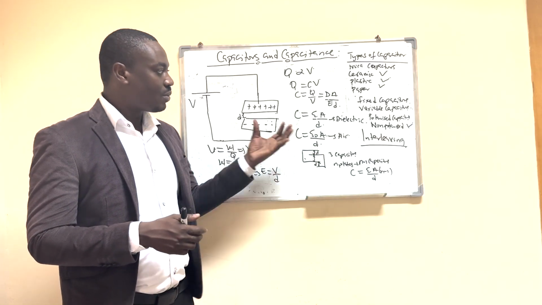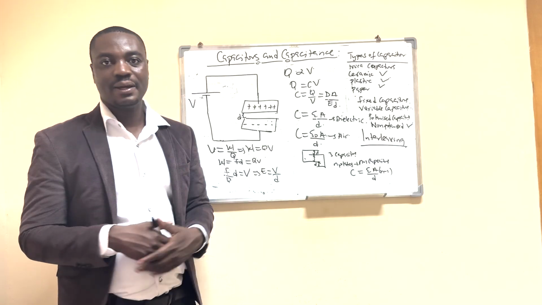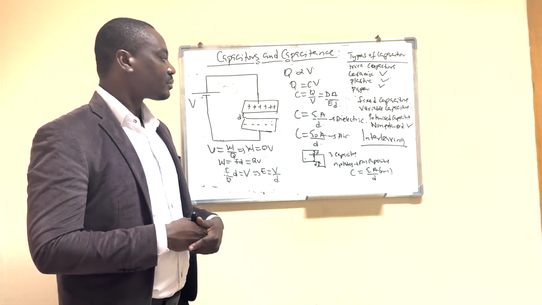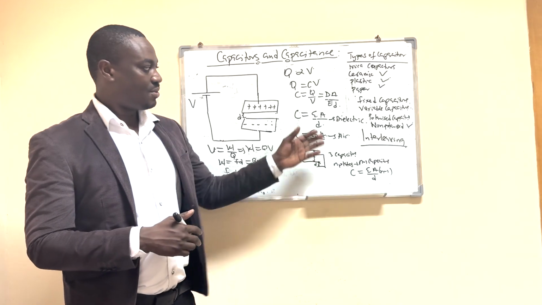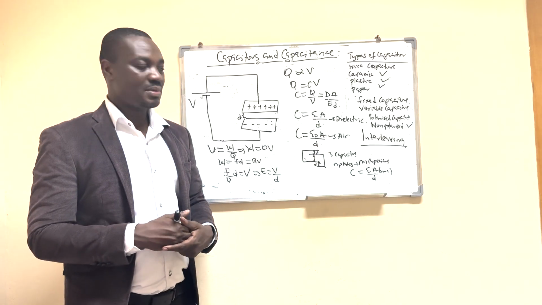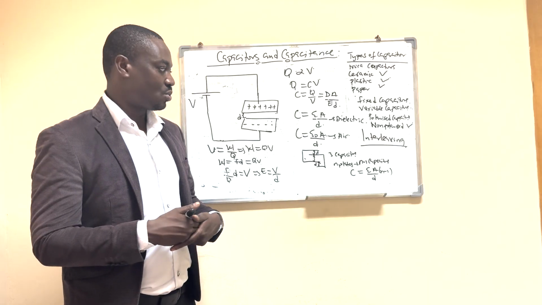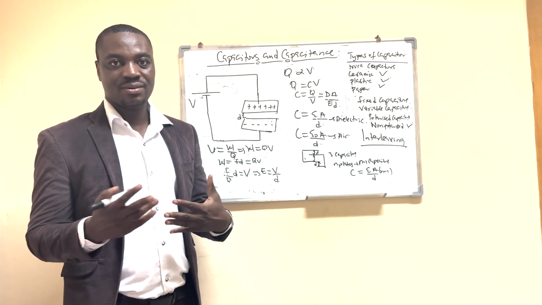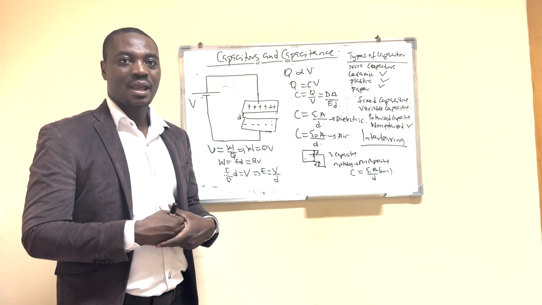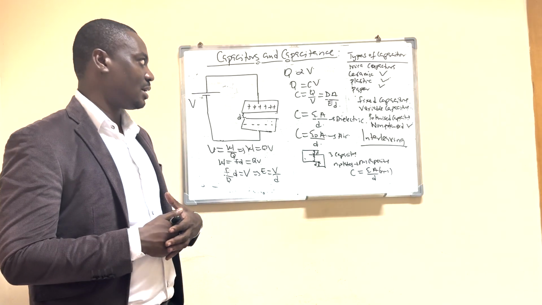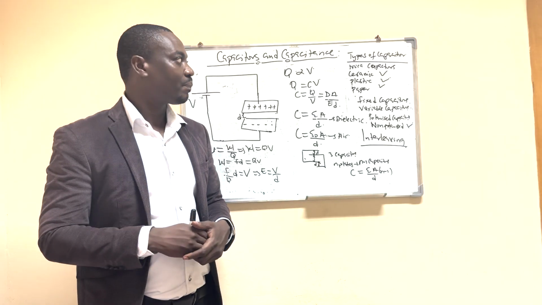Then once we have done this, you can see that based on the formula, we can place different dielectric materials between the plates, and that will allow us to manufacture or design different kinds of capacitors. So when it comes to how we classify capacitors, we can classify them in three ways, right?